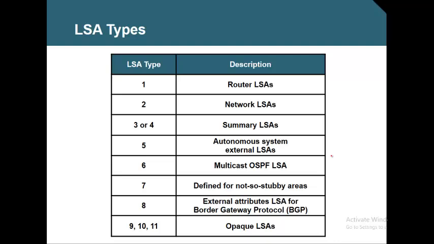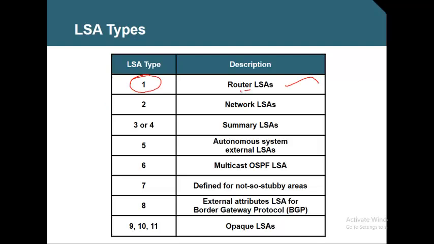Routers will always send LSA. The link state advertisements are called router LSA. That LSA will be always there, whether it is an ABR router or ASBR router, backbone router or internal router. Any router you take, they will always send this type of LSA called type 1.